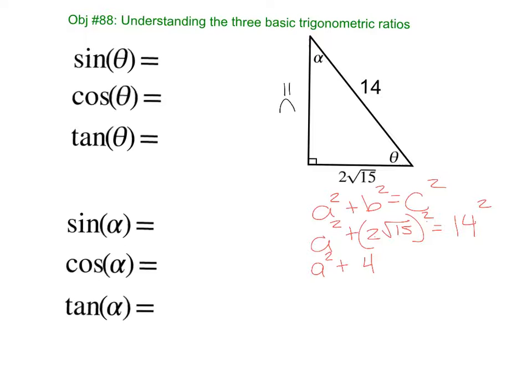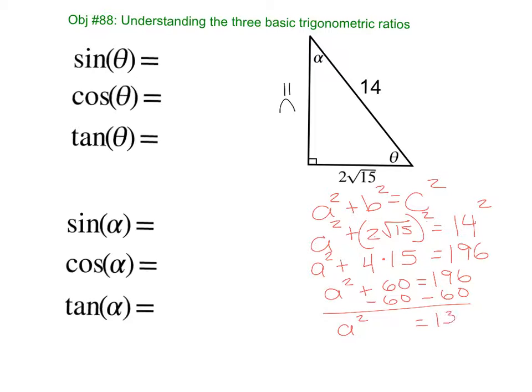Root 15 times root 15 is 15 equals 196. So that's a squared plus 60 equals 196. I'm going to subtract 60 on both sides. A squared equals 136.